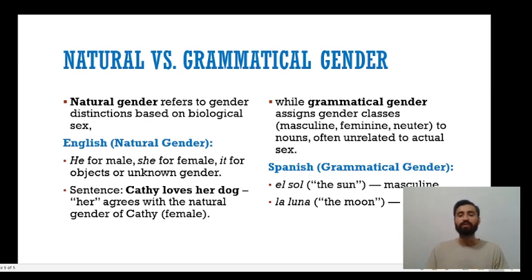In Spanish, grammatical gender is assigned to both of them. Sun is treated as masculine, whereas moon is treated as feminine. Look at these two terms, Sol and Luna. With Sol, we have El Sol, which means it has been treated as masculine, whereas La is added in La Luna to mark the grammatical gender of this term.